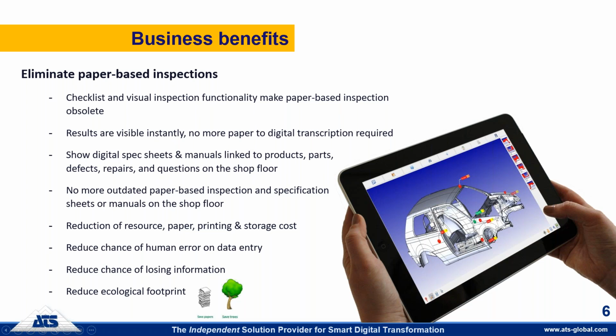We can also, on the operator interface, show digital spec sheets, manuals, basically any kind of documents to the operator, and the document can be linked to either the type of product that they are inspecting, but it can also be linked to a specific question that they are answering, a specific defect they are creating, or a repair they are doing.